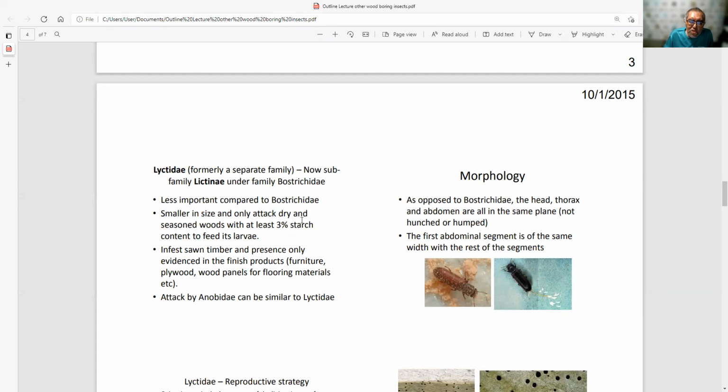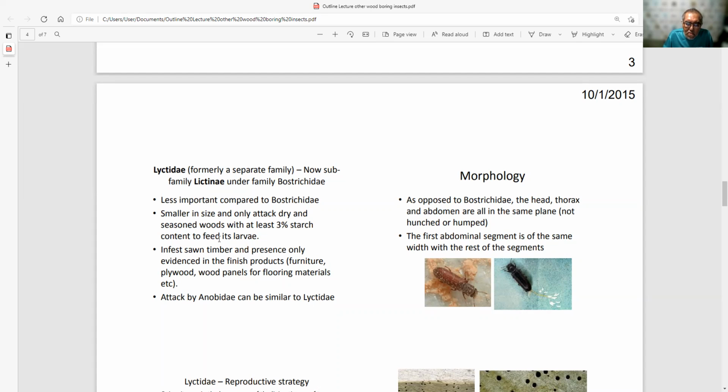Less important compared to Bostricidae, of course, because it is smaller in size and only attacks dry and seasoned woods with at least 3% starch content to feed its larvae. So seasoned wood, maksudnya pokok kayu yang dipreserve, ataupun yang diawet, with at least 3% starch.